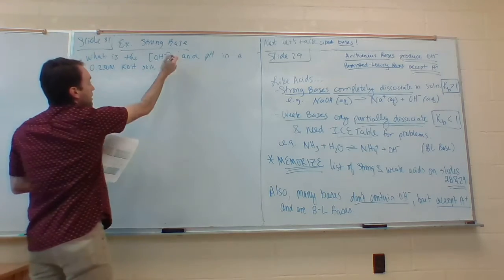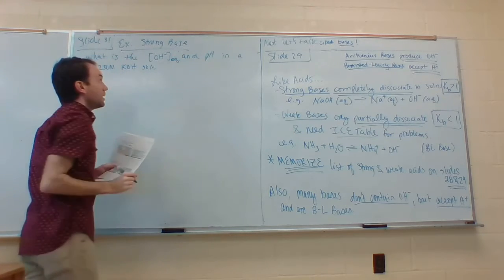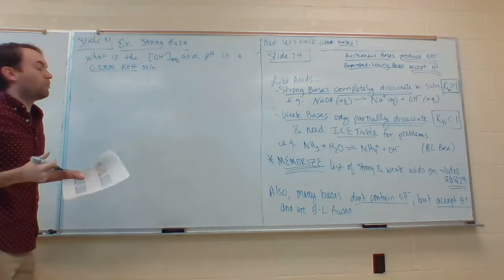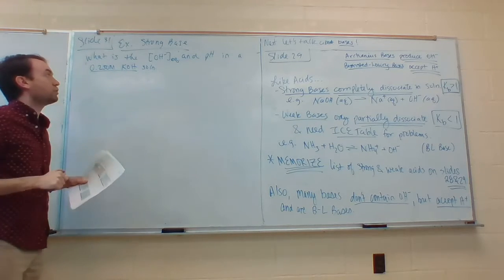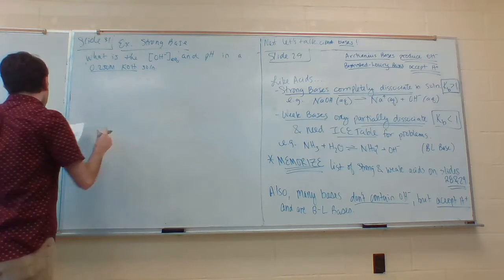Well, it's actually saying what is the concentration of OH minus at equilibrium in a solution that we made or prepared that had an initial concentration of 0.250 molar, okay?